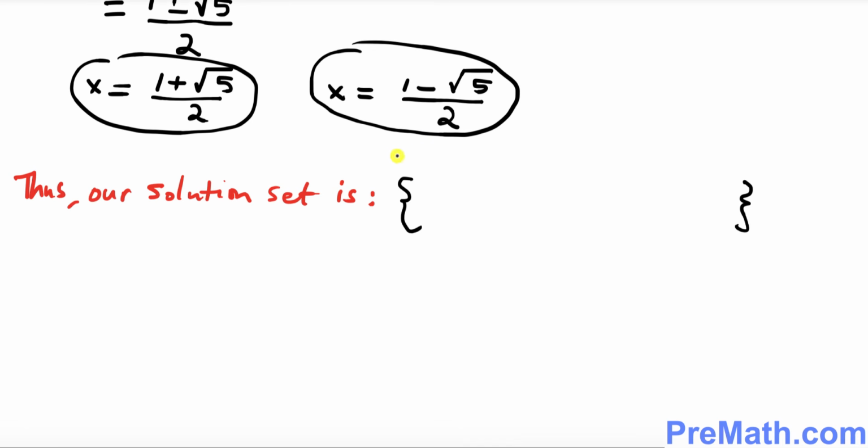Thus our complete solution set is going to be what? We already figured out in the previous step that x equal to 3 is one of our solutions. The others are 1 plus the square root of 5 over 2, and 1 minus the square root of 5 over 2. So these are our three solutions.